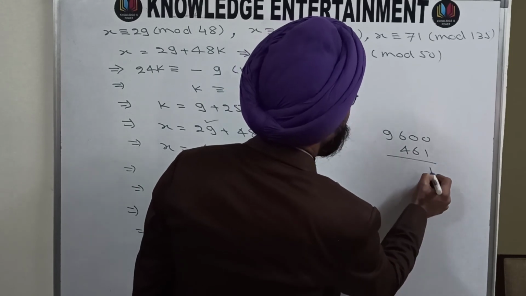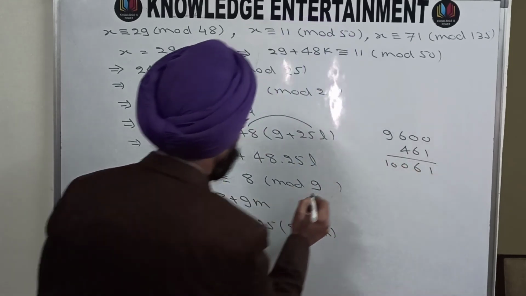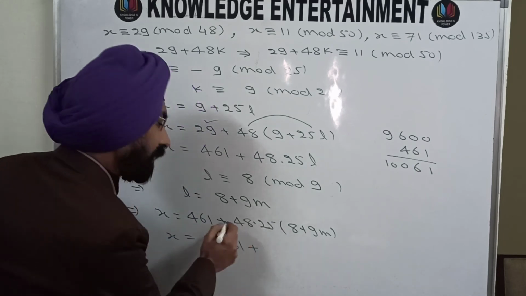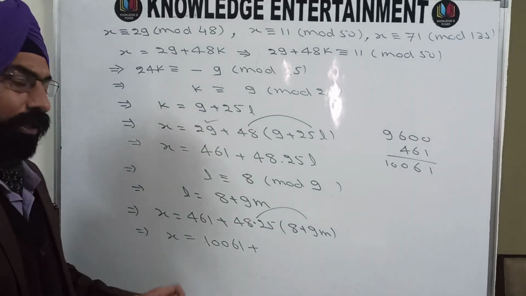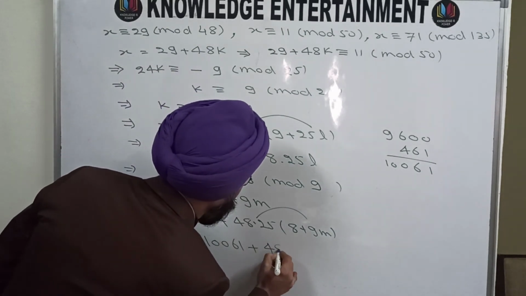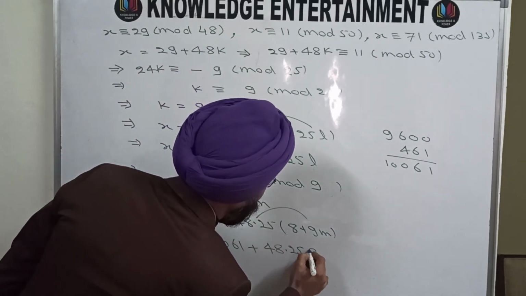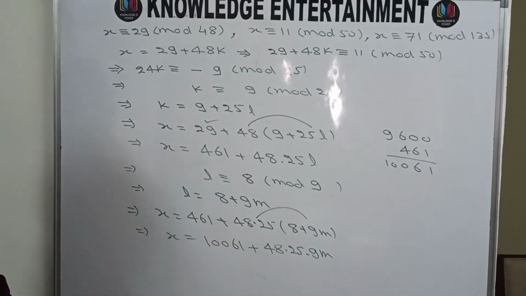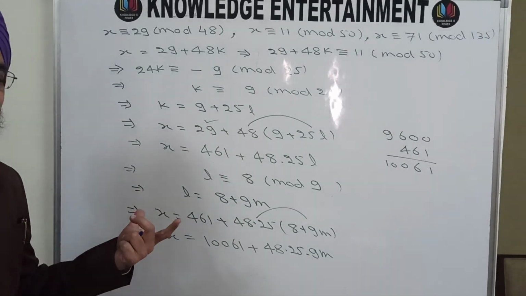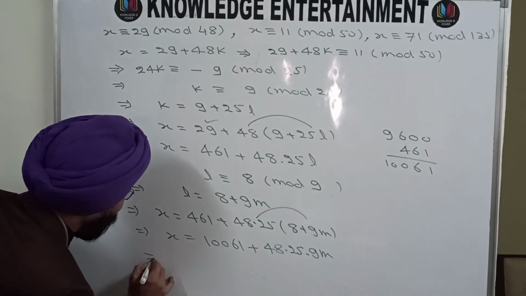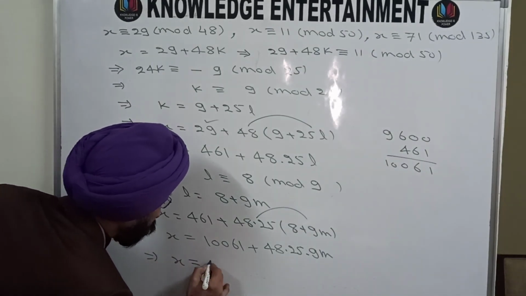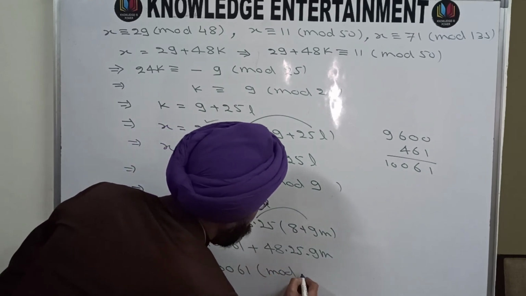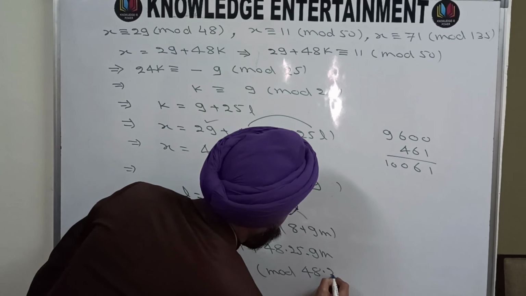So add these, you will get 10061, plus the second quantity. I am not going to multiply once again. It is 48 into 25 into 9m. From here you can write it in a single congruence as x is congruent to 10061 modulo 48 into 25 into 9.